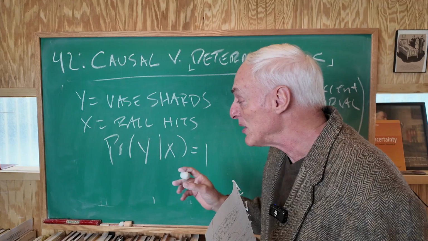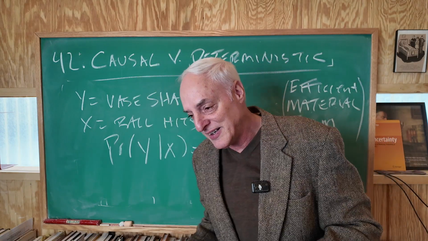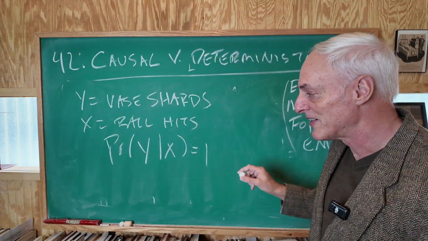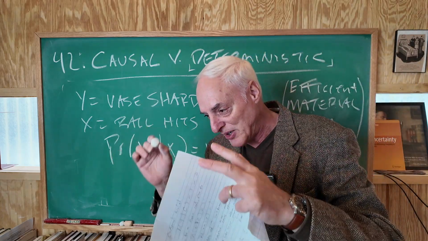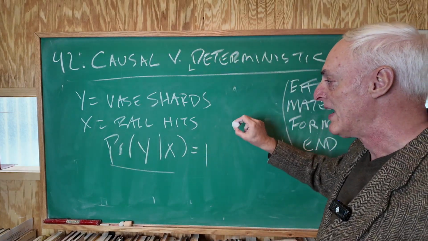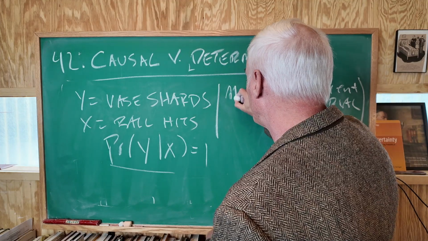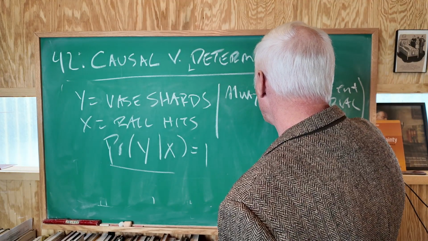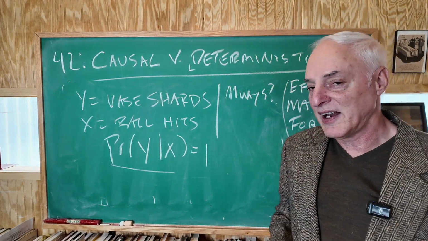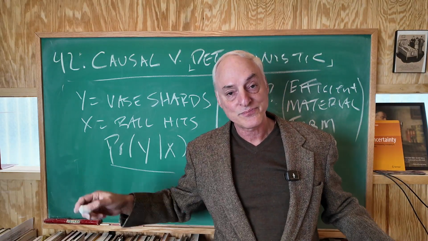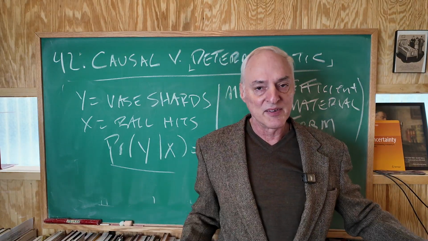It's not separate, loose, separate things like David Hume said. It's not the case at all. It's happening jointly and we can see it. Now, is this always going to be the case? I'm asking this question to you. Is this always going to be the case that a vase is going to break when a ball hits it? Obviously not.